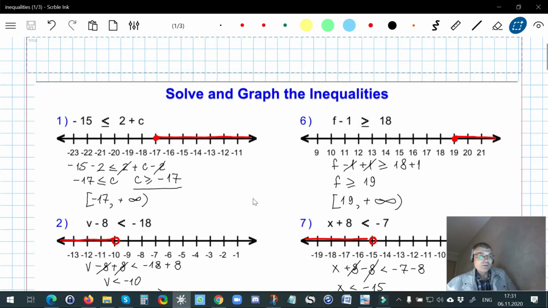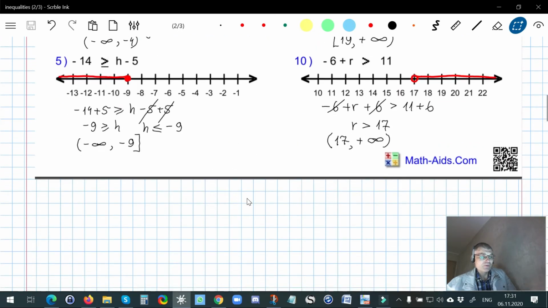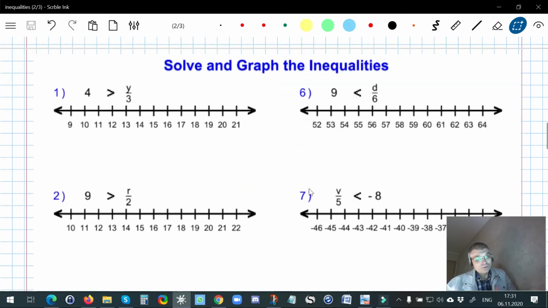Now we are going to solve one-step inequalities again, but this time we'll find ourselves against multiplication and division. The idea is pretty much the same, except for the fact that here one trick appears.